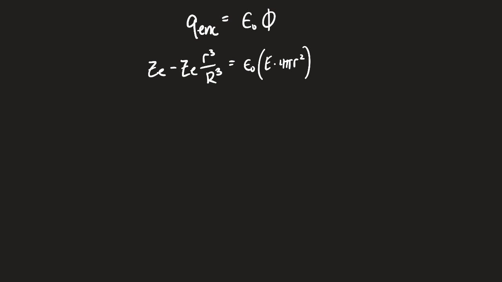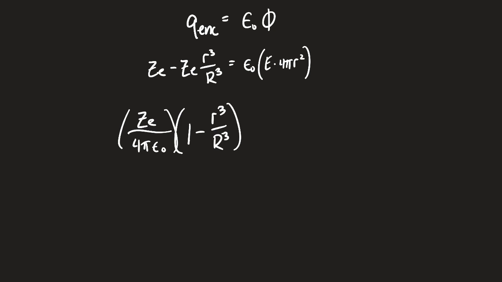I don't know how you guys feel about what I'm about to do, but I'm going to factor out the Ze and put it over 4 pi epsilon naught. Inside here, I'm going to have 1 minus r cubed over R cubed. And on this side, I'm going to have E times r squared.